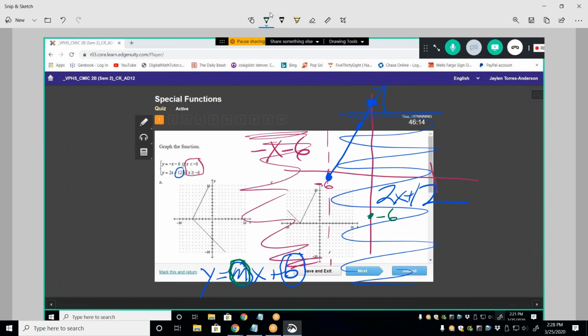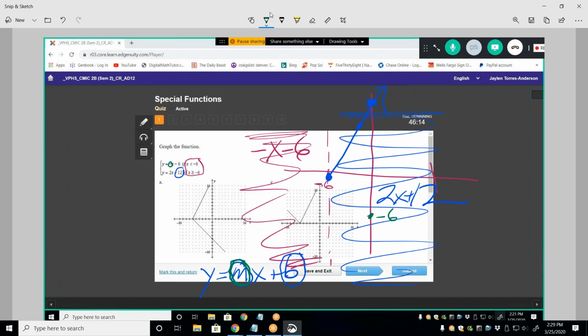What's the coefficient of x? Negative 1. In other words, here's the x, right? So that's the coefficient. There's a negative, and there's also a 1 there. We understand the 1, even though it's not written. Okay. So now I know what my slope is.